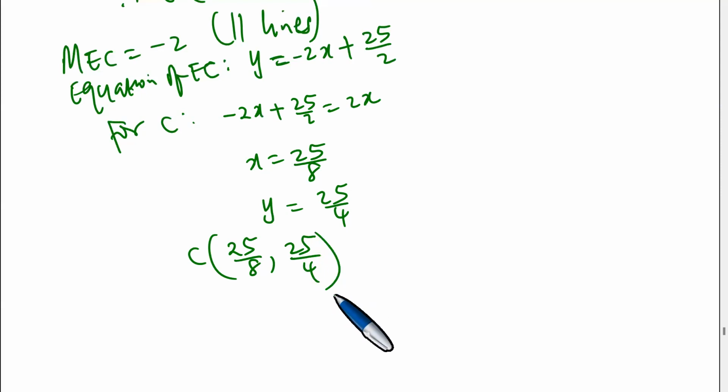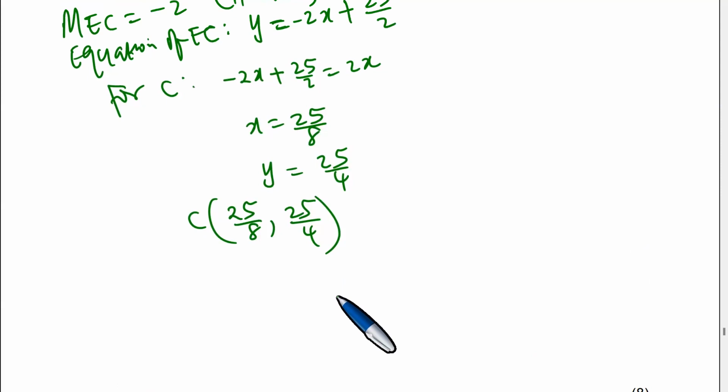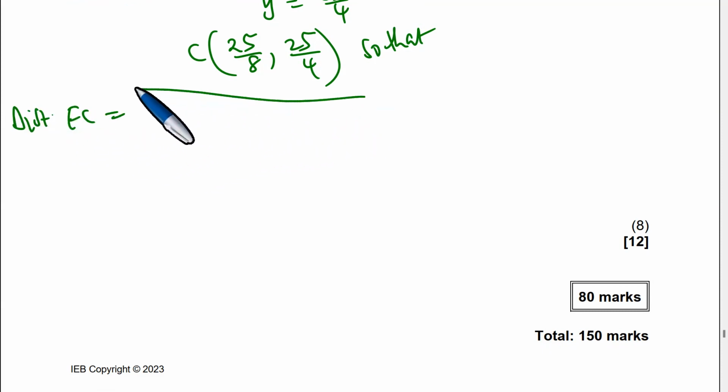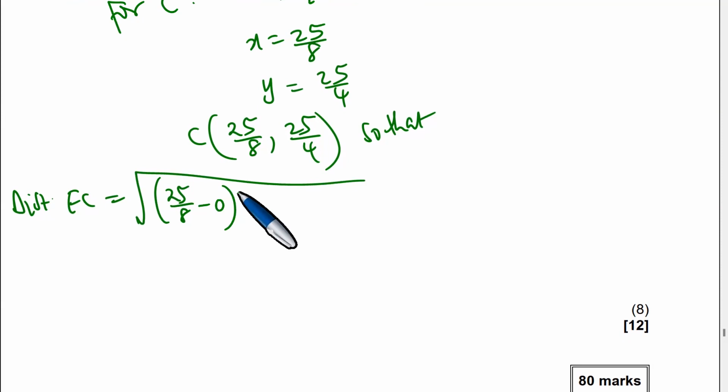Then you have the distance EC. So the distance EC is equal to the square root of (25 out of 8 minus 0) squared plus (25 out of 4 minus 25 out of 2) squared, because we're looking at EC.